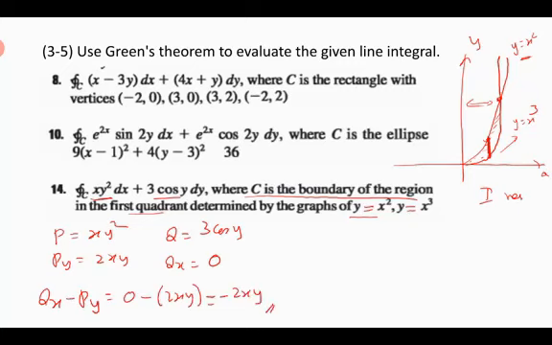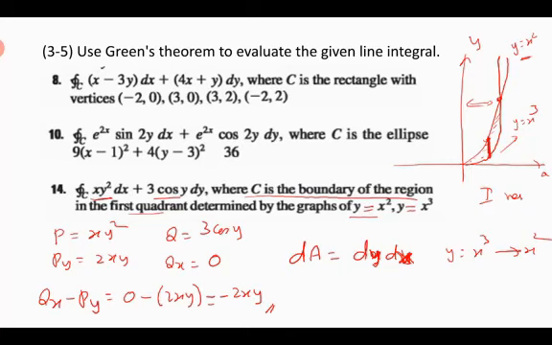Now we got the term to integrate. We have to write dA. dA is dx dy or dy dx. We will take the first type, type 1 region, dy dx, where y varies from x cube to x square.